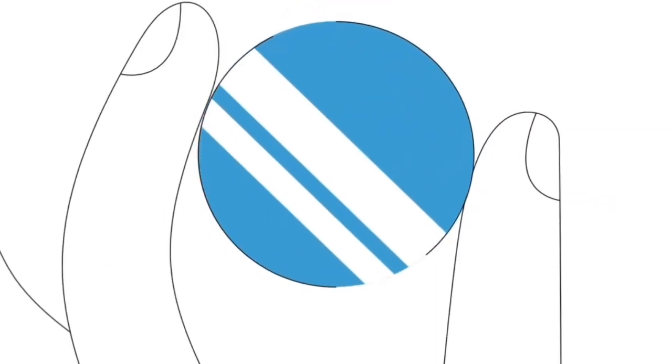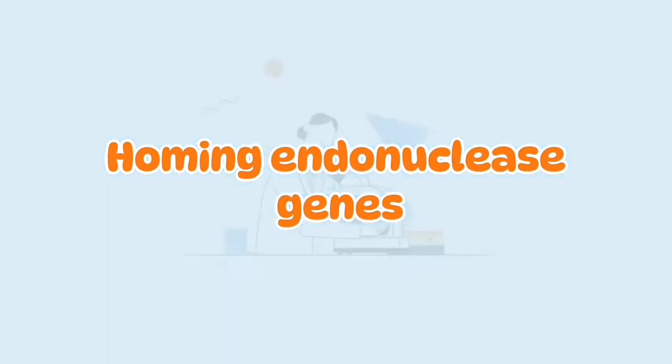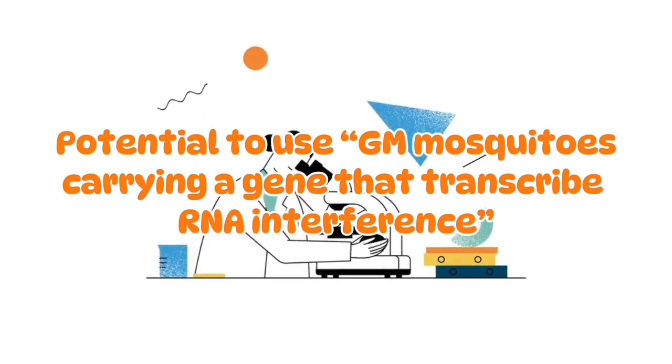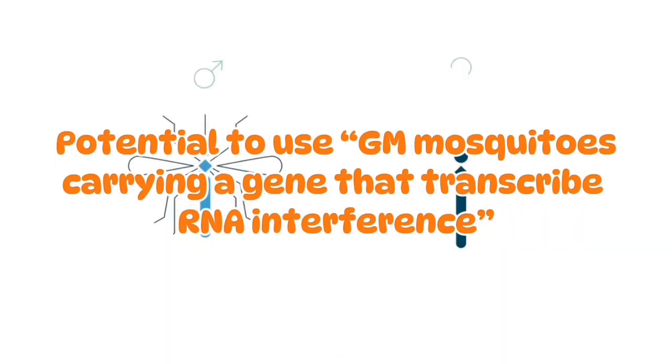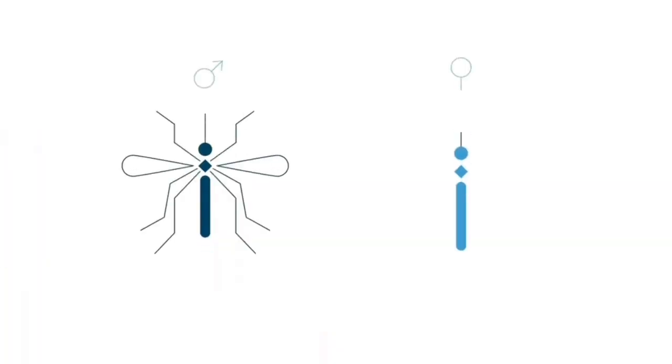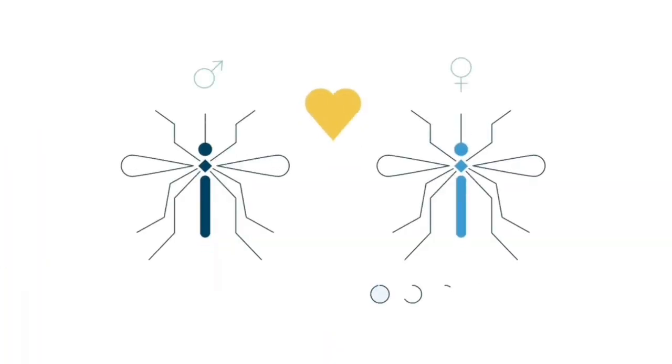Furthermore, the mention of homing endonuclease genes and the potential to use GM mosquitoes carrying a gene that transcribes RNA interference points directly to the principles of gene editing, highlighting the precise manipulation of DNA.